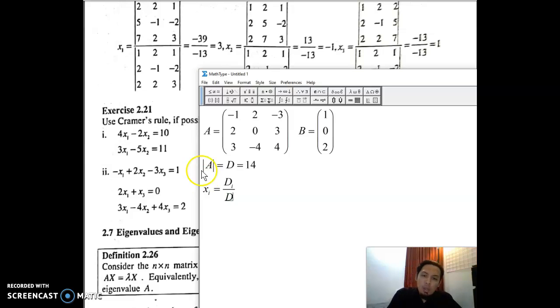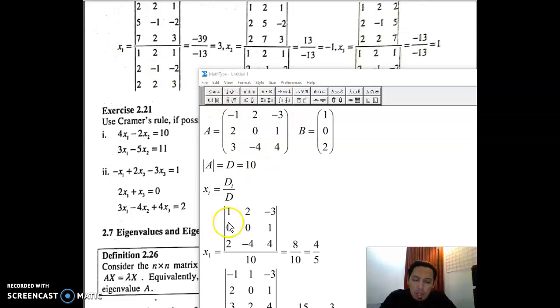Basically we have already obtained the original determinant, which is 14, so everything later will be divided by 14. So let us now find the modified determinants, for we have x1, x2 and x3 here, so we're going to have 3 calculations of Cramer's rule later. Okay, so let's do that.